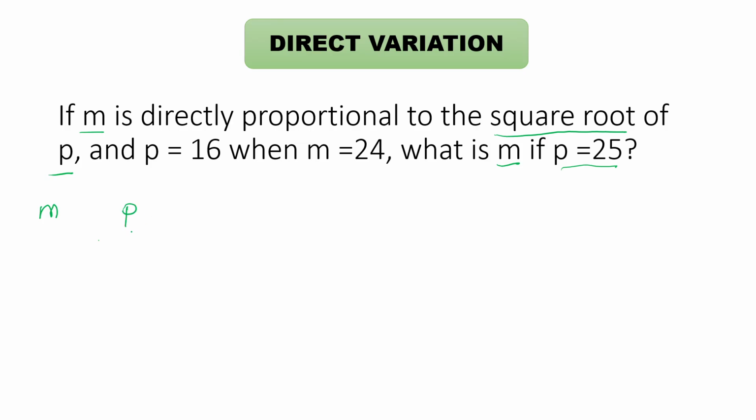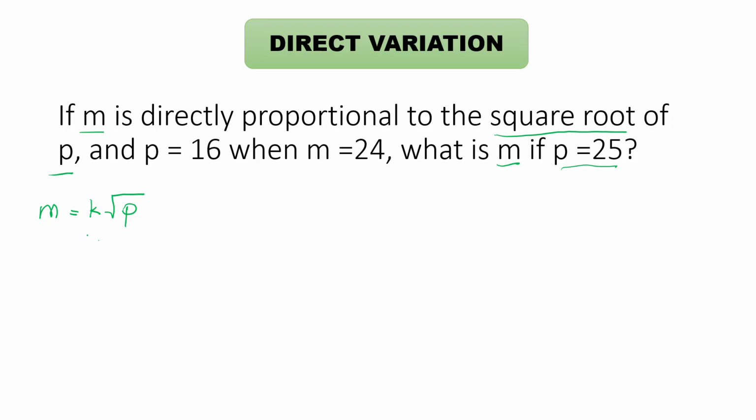But this time, we have the description for the other quantity. So we have here m is directly proportional. So we will write here the constant k to the square root of p. So we will put the symbol square root and then p.